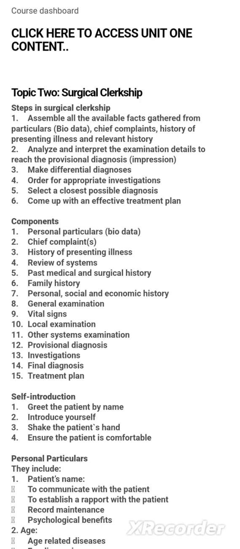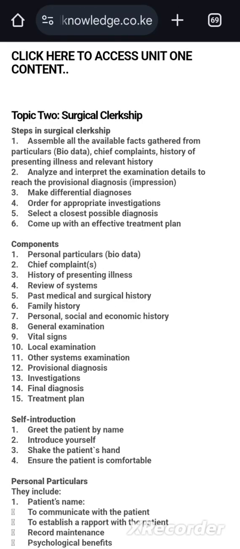You do systemic inquiry, past medical history, drug history, social economic history, family history, and then you do a summary. Similarly, on surgical clerkship, you have to clerk the patient before you bring in any management, because you will only diagnose through clerkship. So clerkship, that is the process of history taking.